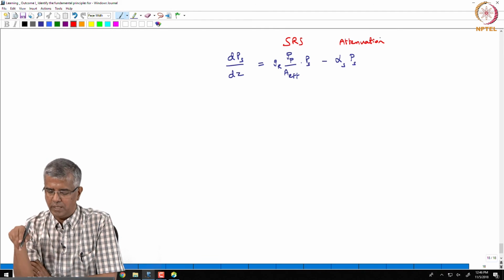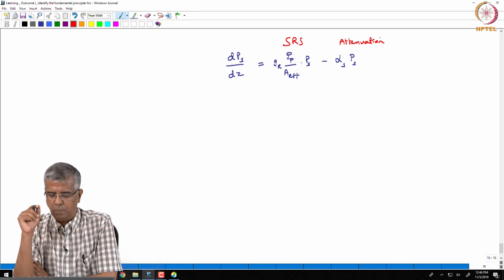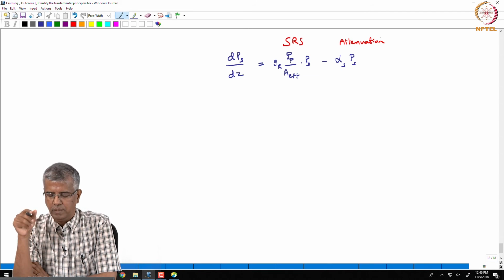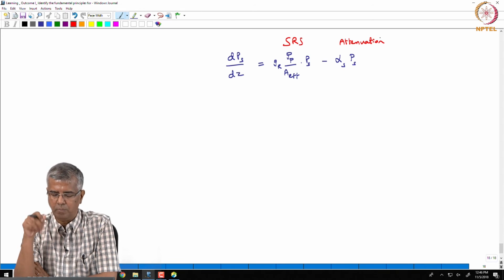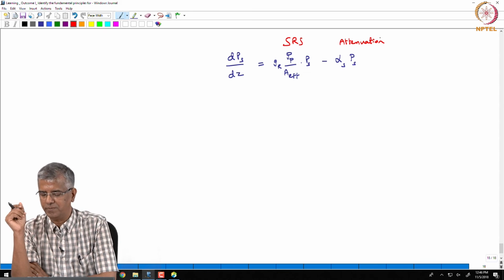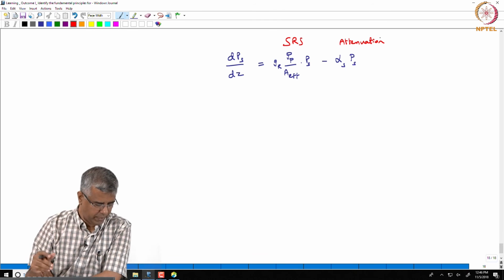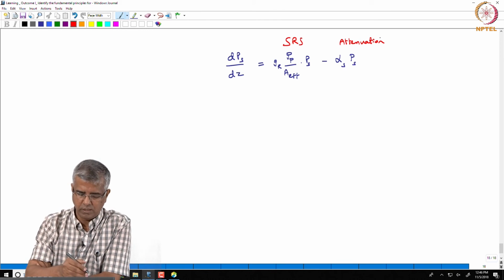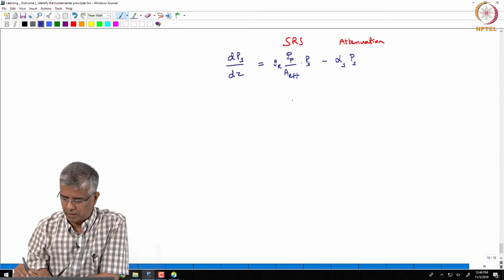Okay. And similarly you can write an expression for the pump power, in which case it will be depleted by both your gain as well as your background attenuation in the fiber. But based on this small signal approximation, you can come up with an expression for the amplifier gain.